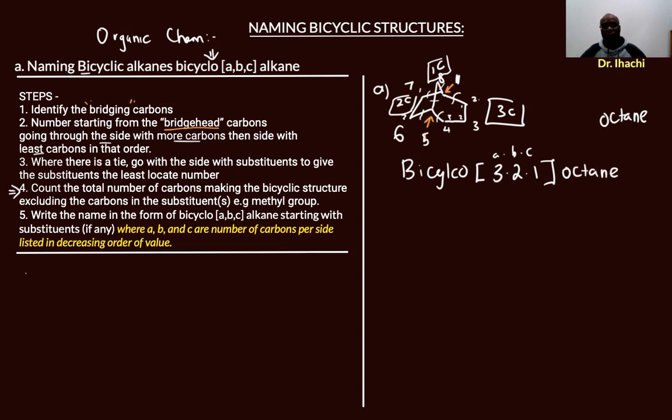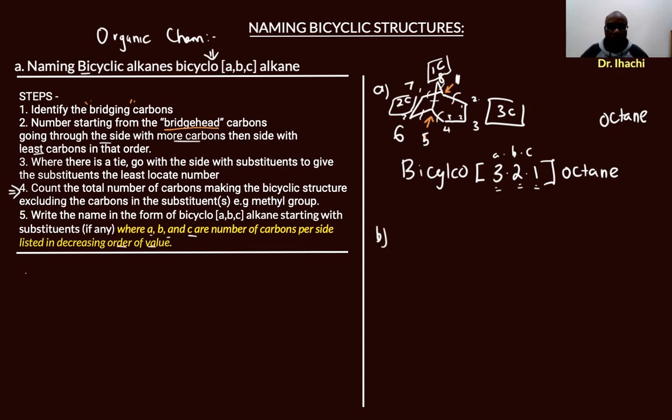So that structure will be bicyclo[3.2.1]octane, where 3, 2, and 1 are the number of carbons exposed per each side of the bicyclic structure, listing them in decreasing order of value.